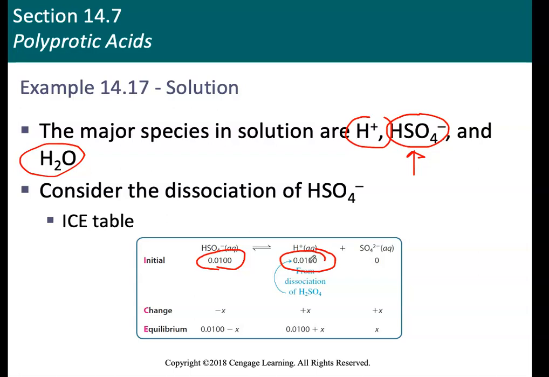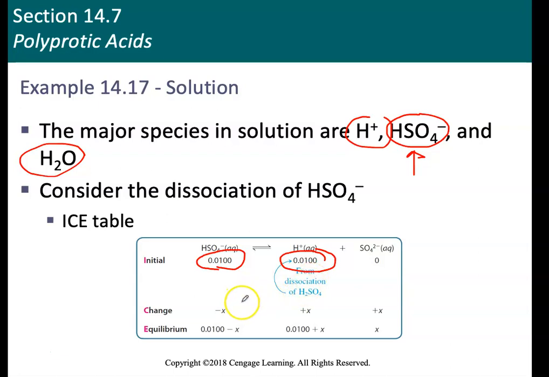Remember that, 0.01 molar of H+. So we cannot say that this is 0 anymore because of that. This one we can still have as 0 initially, but not this one, because we are dealing with a second equilibrium here. The first one was a complete dissociation, so it yielded this quantity of H+ and this quantity of HSO4-.